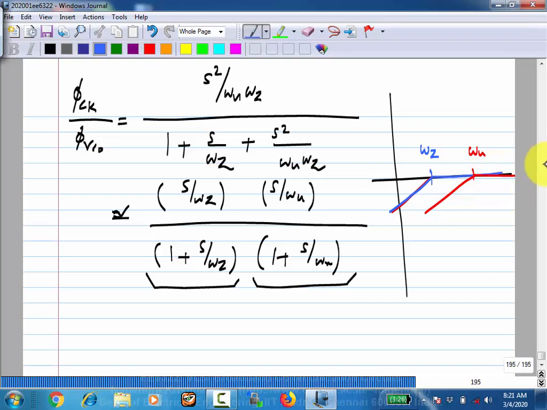What will the product look like? So this part will be 1, and here it will be like that, and here it will rise at plus 40 dB per decade, plus 20 and on. Okay.